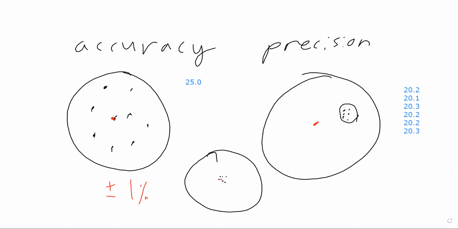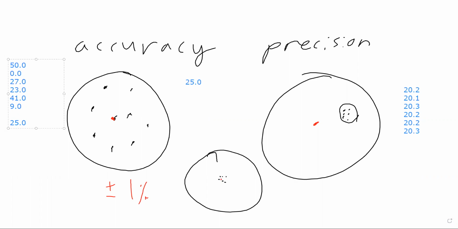Maybe for our accuracy, we have one that's 50.0, we have one that's 0, we have one that's like 27, we have one that's 23, 41, and maybe one that's 11, 9. So if we average all of those values, it's going to come out to 25.0.